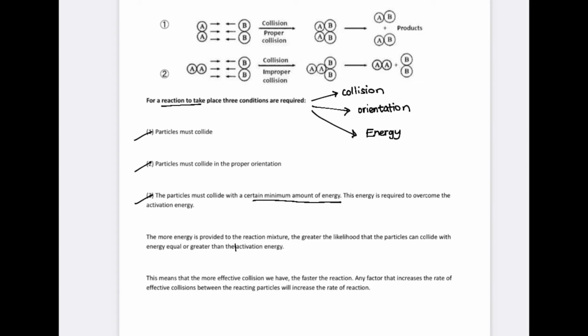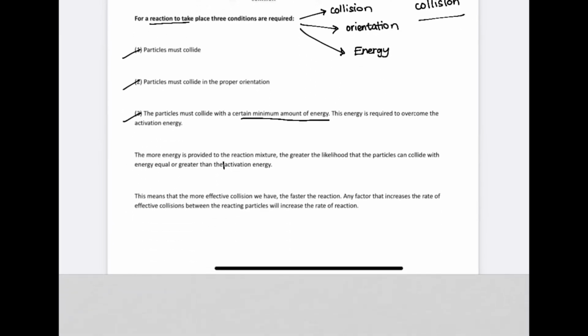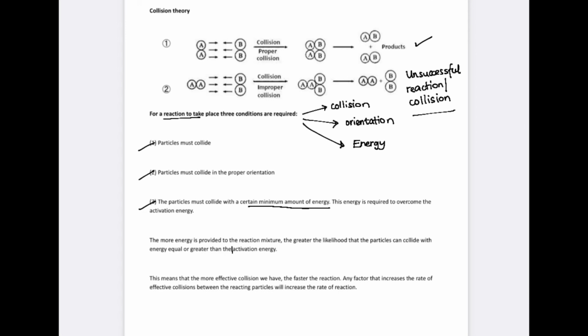Now, the more you are able to influence these conditions, the more you'll be able to influence how much product you are getting, right? So this is a successful reaction, and the second one is an unsuccessful collision, right? So anything that is able to increase the number of collisions is eventually going to increase the number of successful collisions.